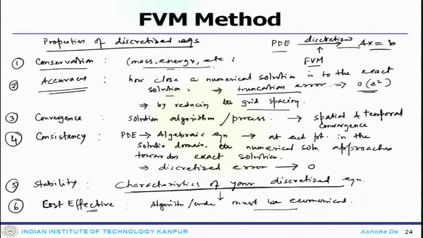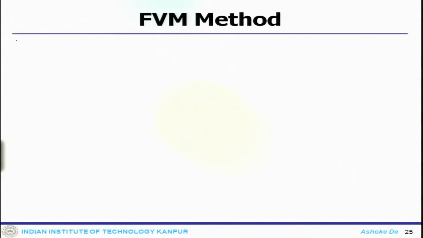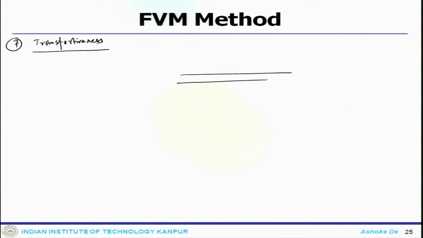Welcome to the lecture of this finite volume method. Now, when you talk about these properties, another important property is transportiveness. This is associated with how a fluid particle moves along a particular line.